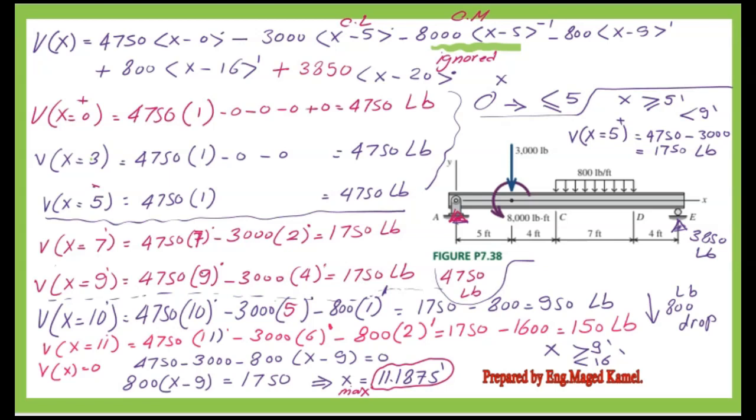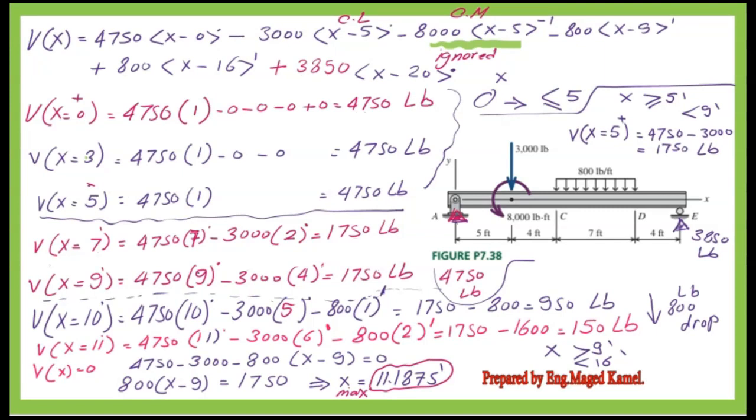For V at x equal to 11 feet, we have 4,750 multiplied by 1, minus 3,000 multiplied by 6 raised to the power of 0, minus 800 multiplied by 2 raised to the power of 1, equals 150 pounds. We notice that there is a drop of 800 per foot, minus 800.